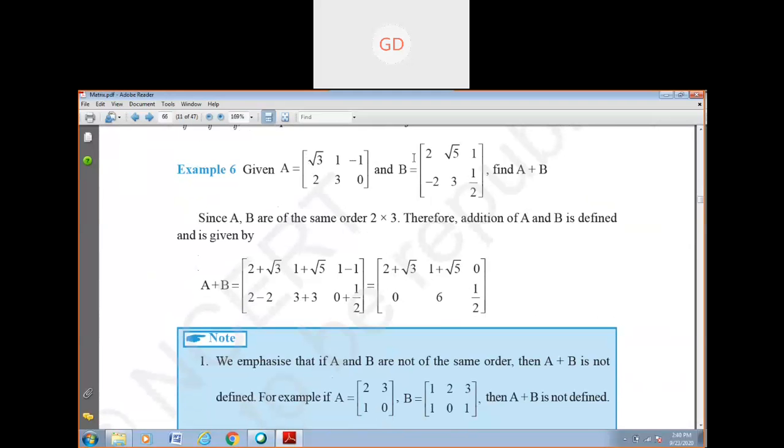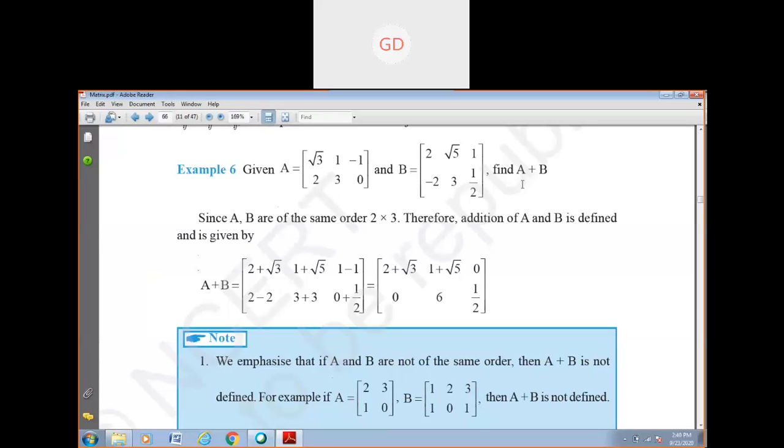Now how to add? Very simple. Corresponding elements are to be added. We have to add corresponding elements. So in A, the first element, A11 position, that is root 3. And in its corresponding position in the B matrix, the element is 2.